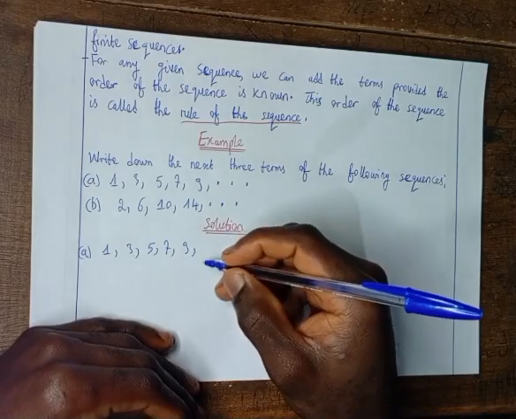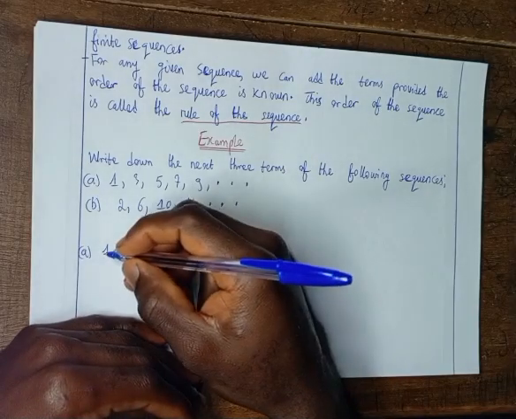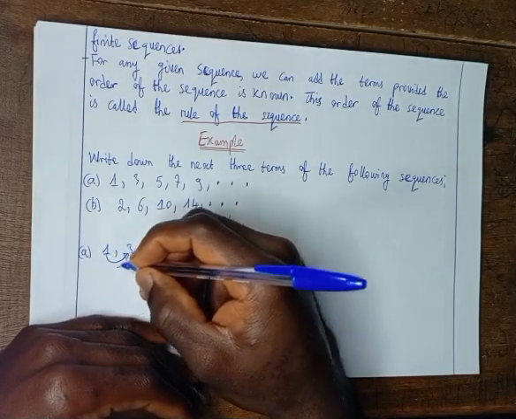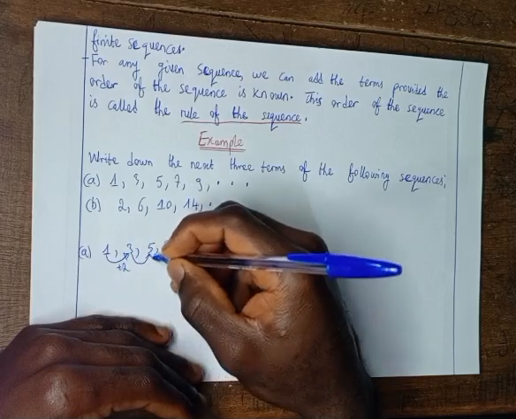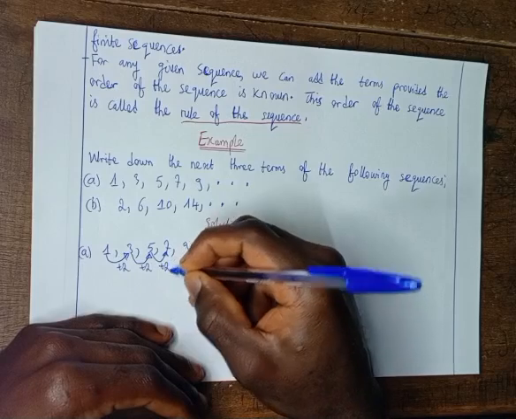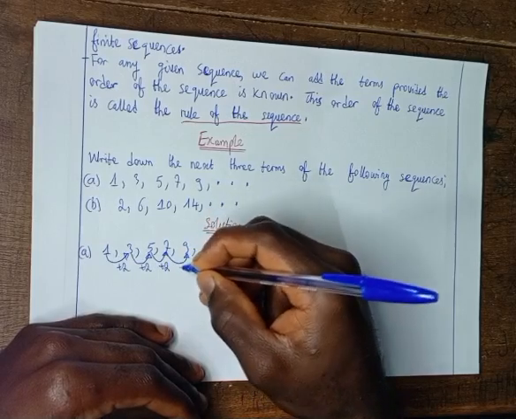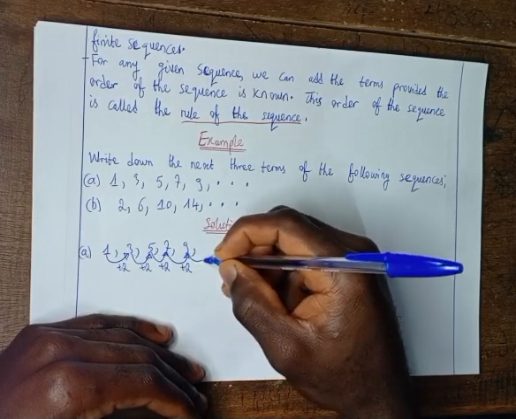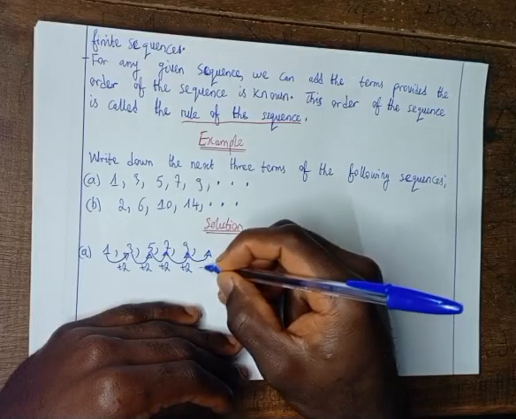Here the rule is simply addition of 2. So let's write down the rule. Plus 2, plus 2, plus 2, plus 2.